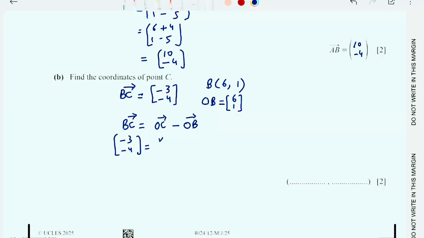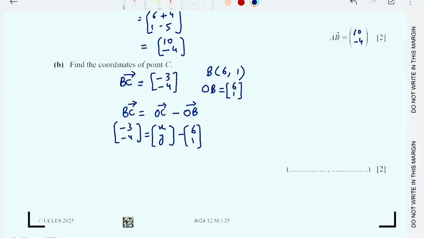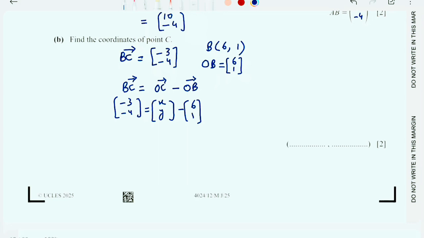We will write (x, y) minus (6, 1). By shifting minus (6, 1) to the other side, (-3, -4) plus (6, 1) is equal to (x, y).